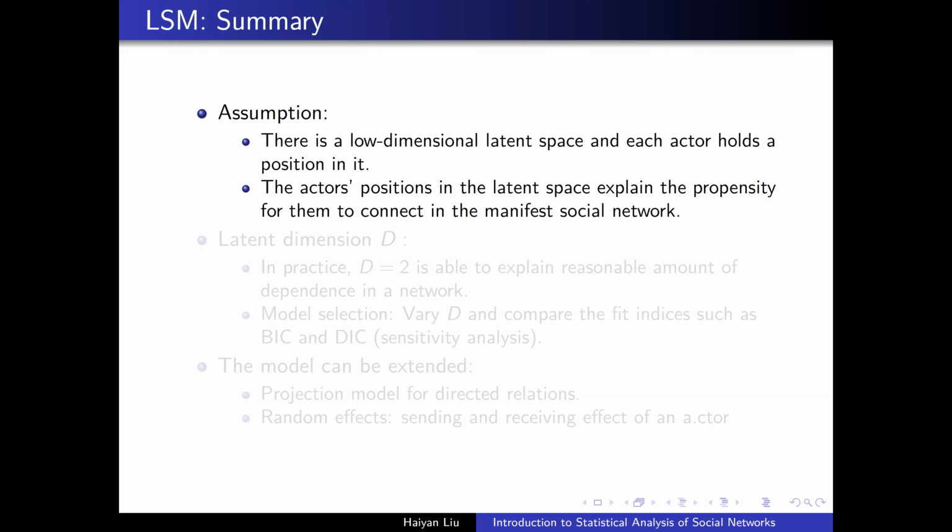Therefore, if two actors stay closer to each other in the latent space, then their log odds is larger and the probability for them to connect is larger. If two students stay further away from each other, the log odds is smaller, and the probability for them to connect is also smaller. So by fitting the latent space model, the principle of homophily is also assumed.